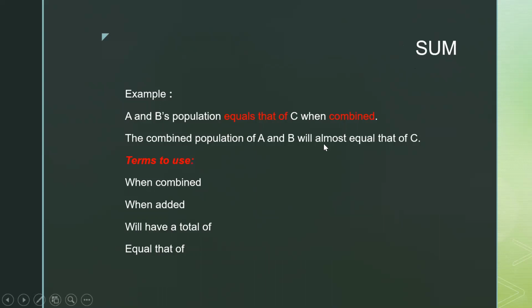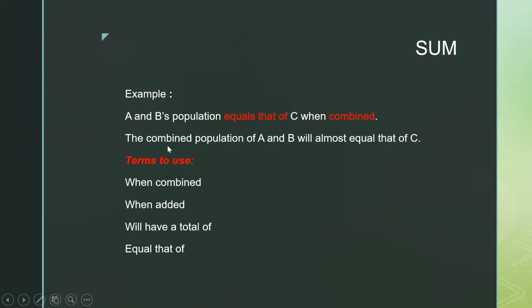So for sum, this is how you're going to write it. For example, A and B's population equals that of C when combined. These are the keywords: equals that of, when combined.